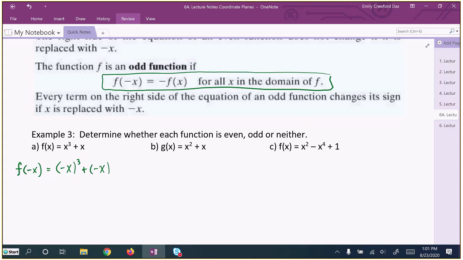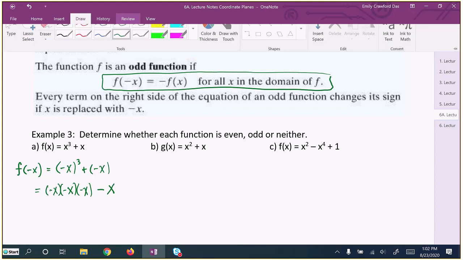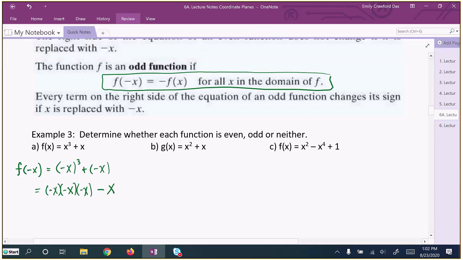So here, negative x cubed is like minus x times minus x times minus x. And then we have plus minus x. That's the same thing as just subtracting x. The reason I wanted to write out minus x times minus x times minus x is to remind us, we know that a minus times minus is a plus. So these two minuses cancel, but I have one extra minus.